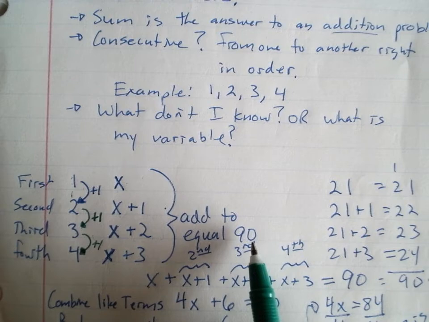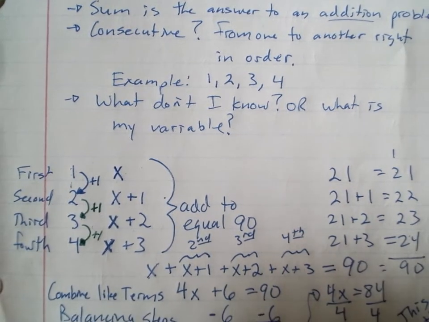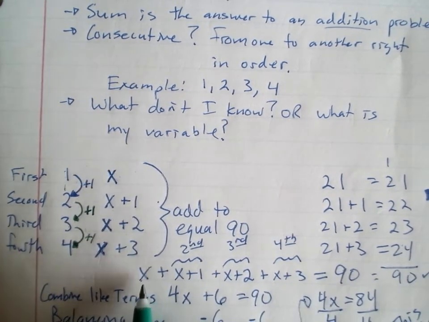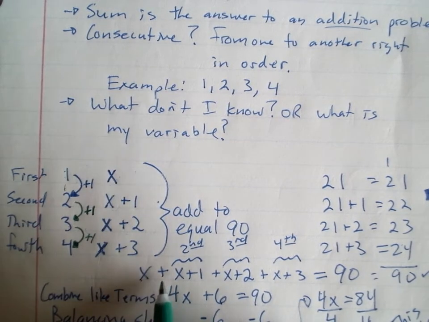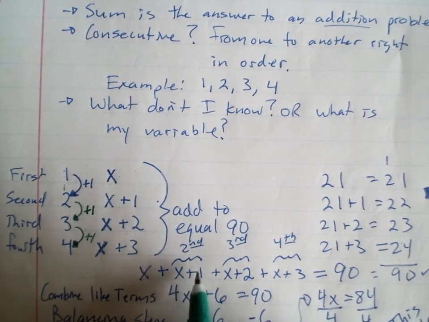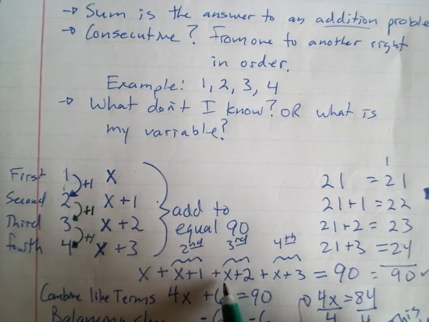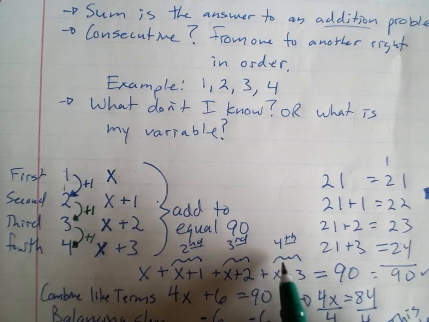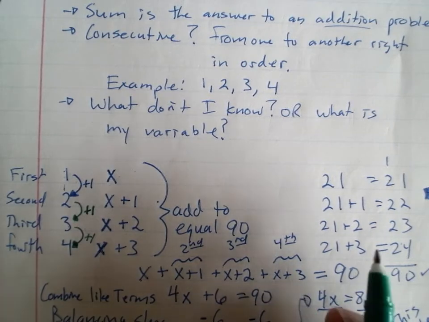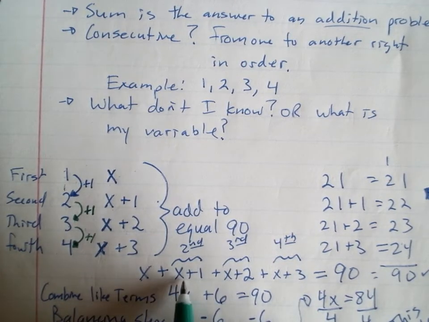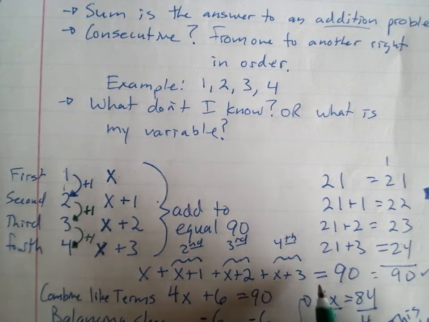So this right here, I need to take all of this and have it equal to 90, which means I'm going to write this bigger problem. I take the first number, x, and I'm going to add the second number, which is x plus 1. And then I'm going to add the third number, which is x plus 2. And then I'm going to add the fourth number, which is x plus 3. And so what I've done is I make this big equation, and it's got to equal 90, right?